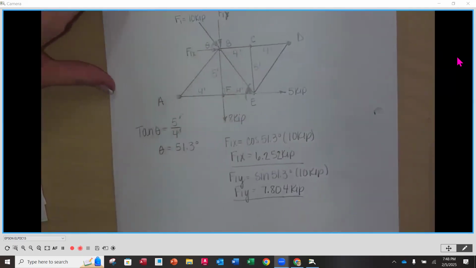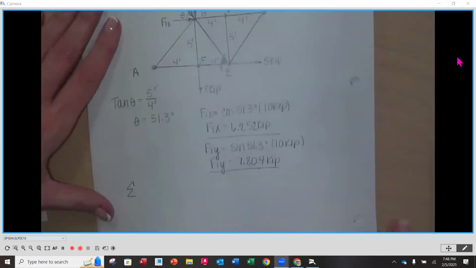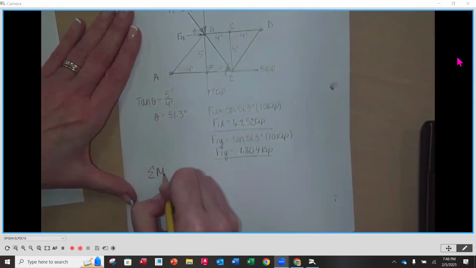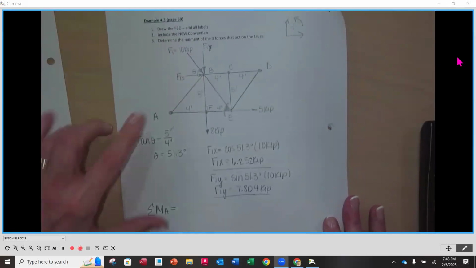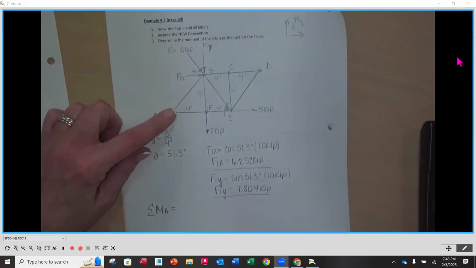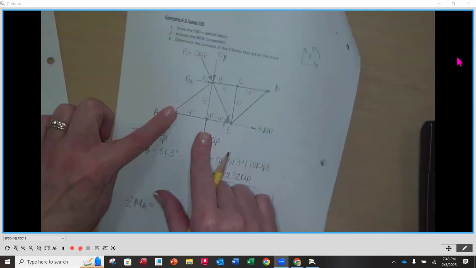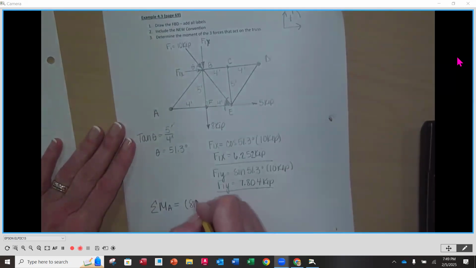So our next step here is to sum the moments around point A equal to. I'm going to have to get them both in here, so I don't have a ton of room. I'm going to put my finger on A and start with my 8 kips. My 8 kips is offset, so it's going to cause a rotation. This is going to be 8 kips times 4 feet.